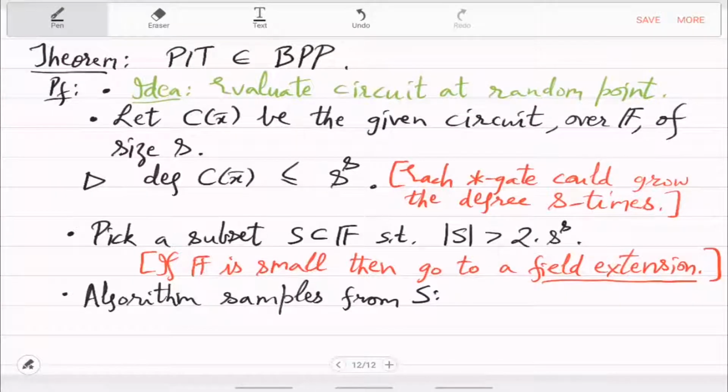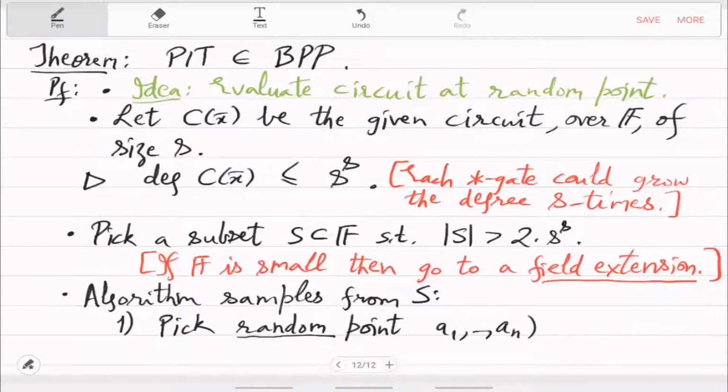So the steps are actually very simple. You pick a random point, A1 to AN, from this sample space S to the n, and just evaluate. So let me call this point A bar.